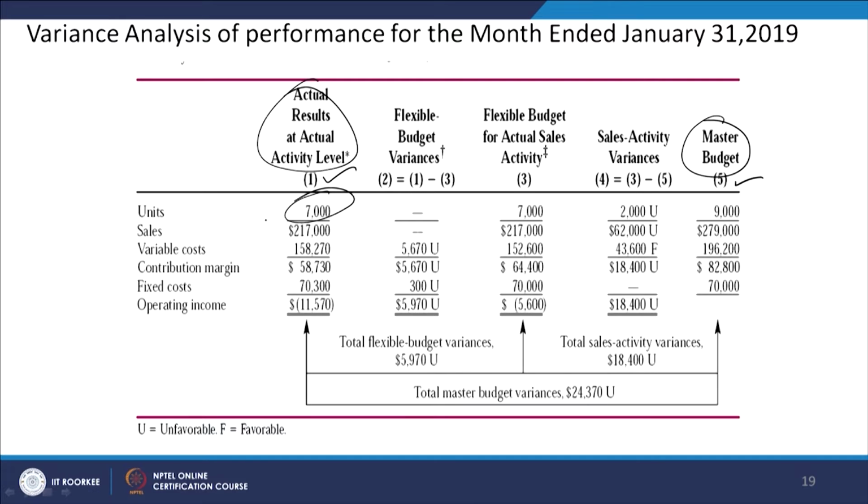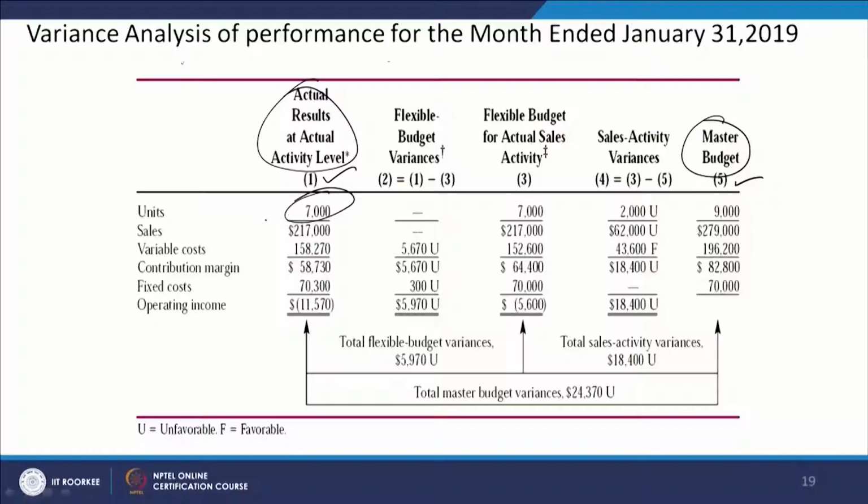And then we will have to create a flexible budget for 7,000 units if it is not already in place, and then make a comparison of the budgeted 7,000 and actual 7,000 performance and find out the flexible budget variances, right. Now, in this case, first of all you look at the column number 1 and column number 5, right.